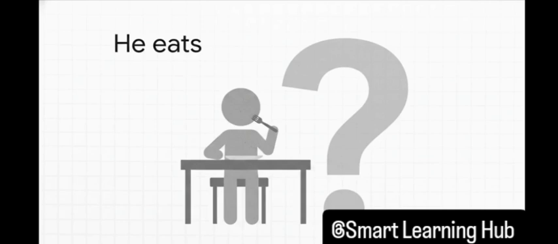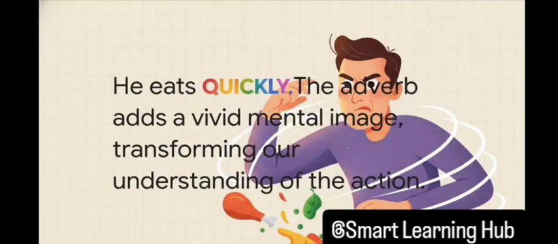We know what's happening, but we have no idea how. And boom, this shows you the power of an adverb perfectly. By adding quickly, we suddenly have this vivid mental image. The action itself, eating, hasn't changed, but our whole understanding of it just completely transformed.